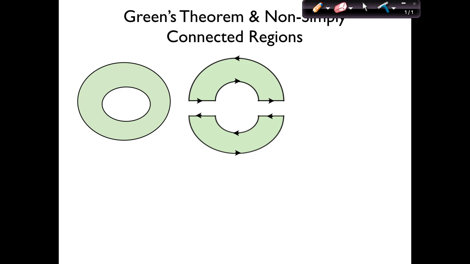So I'm going to use my positive orientation, which means I'm going to walk around so that the inside of the region is always to my left. So that's counterclockwise on both of them.